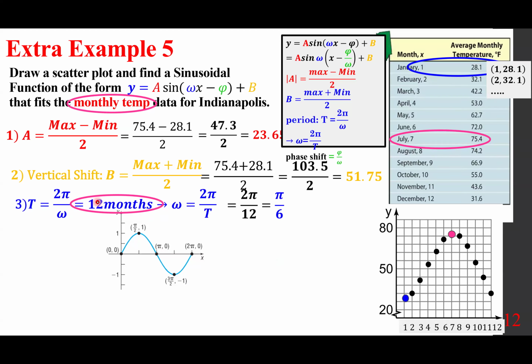Okay, monthly temperature, okay? So, for example, this January 1st and the next January 1st should be almost the same, or this September month and the next September month should be almost the same. So that's the concept.